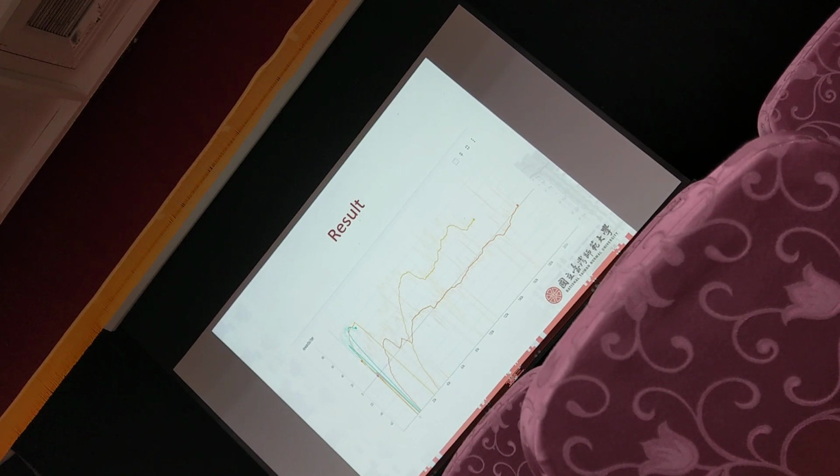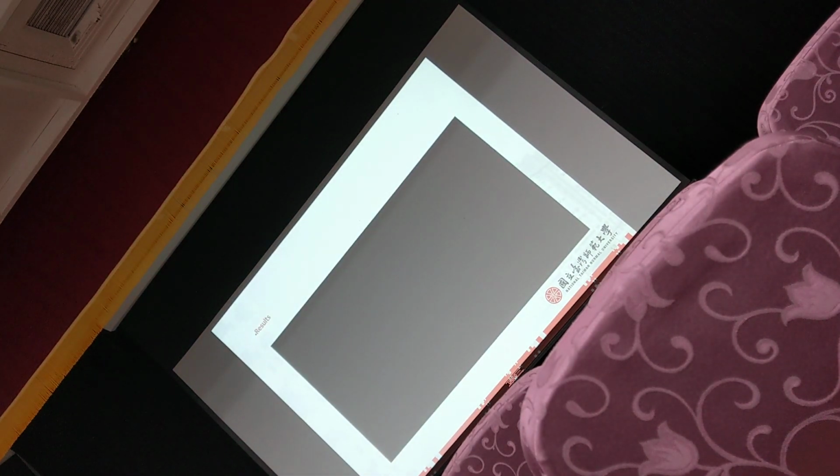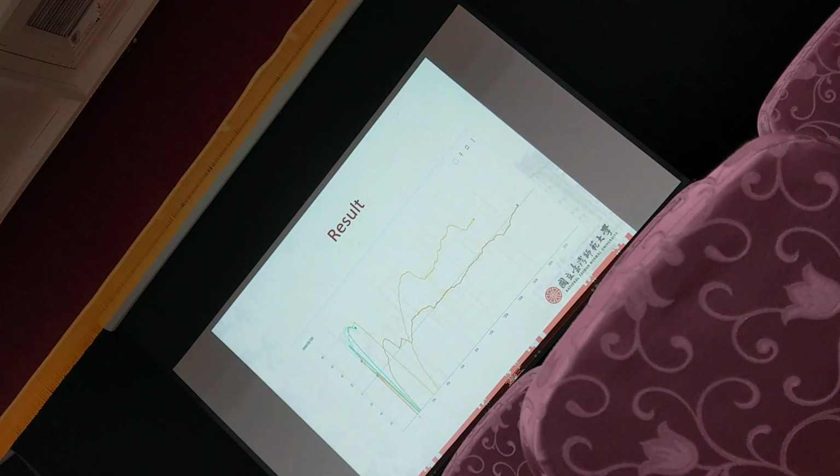So you can see for the longest one, the orange one, the reward is mostly around 0 or under 10, but the result is the one I showed before. It's the better one. So I think the training time is also not much better.